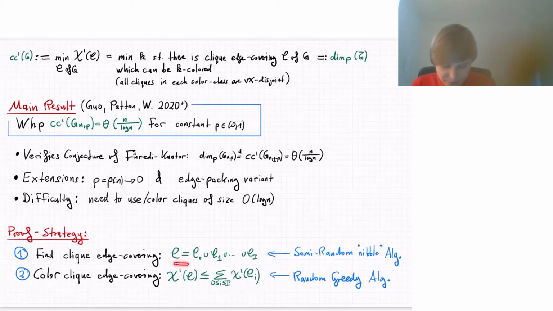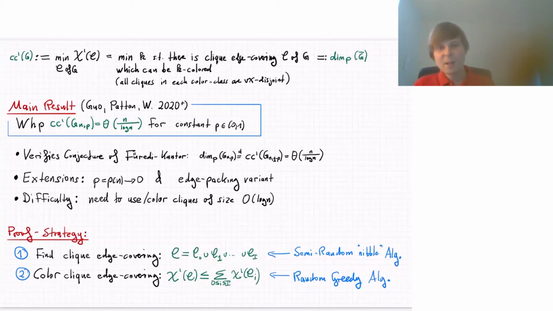In the first case, we're going to use some semi-random nibble type argument to construct this clique edge covering. Each time we're going to sample some random cliques from the graph and put them into our collection, and we repeat this many times. And here we use this semi-random approach.